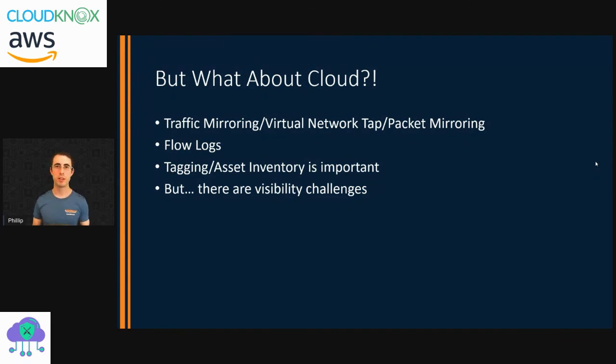If you're not familiar, all the major cloud providers provide some form of traffic mirroring, whatever they call that: traffic mirroring in AWS, virtual network tap in Azure, and packet mirroring for Google Cloud Platform. And that'll give you full network visibility. You can install something just like Security Onion or your favorite network monitor feeding directly off of that.